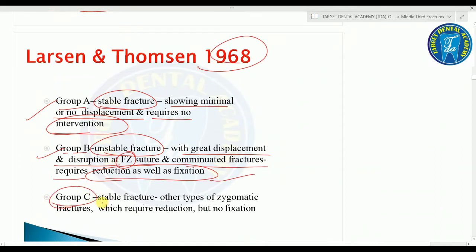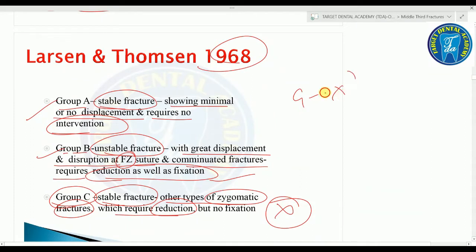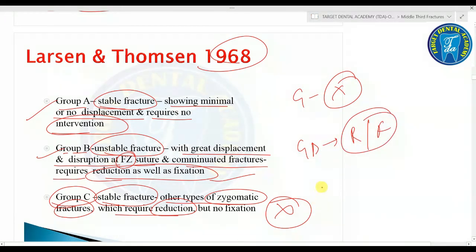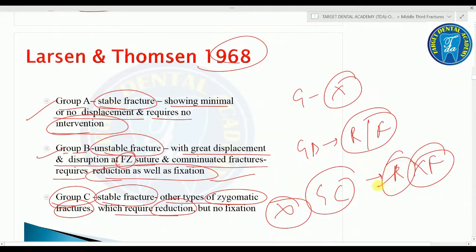While group C involves the stable, other types of zygomatic fractures which require the reduction but do not require any fixation. See, in group A there is no intervention, while group B requires the reduction as well as the fixation, and group C requires the reduction but does not require the fixation.